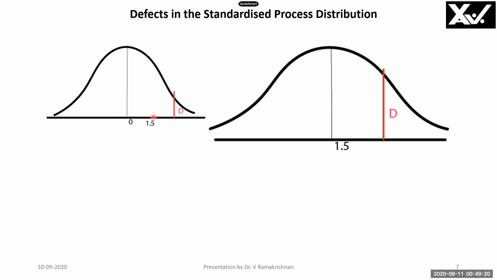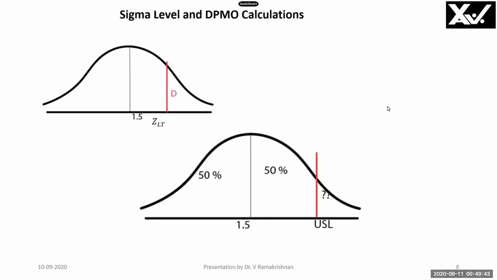Now here, because of my shift, over a period of time the process will shift. That process shift is what we are showing here as the 1.5 sigma shift. Sigma is 1, therefore a 1.5 sigma shift is nothing but 1.5 here. When I shift the curve here, the area becomes larger. Clear? So in a real process, 50% is on this side and 50% on this side, and depending upon where your upper specification limit is, the defects are obtained.